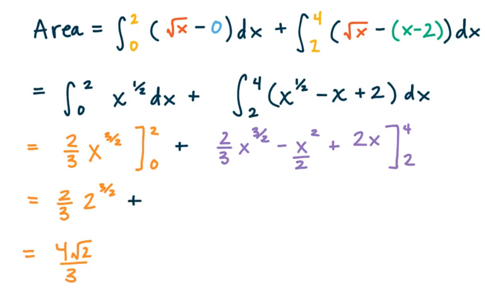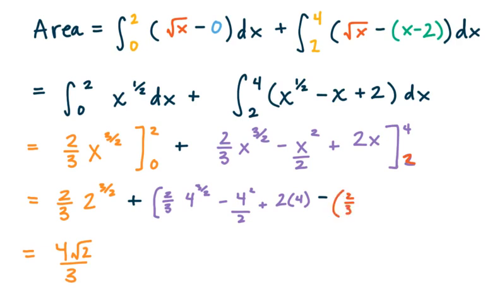So now we need to deal with this second integral. First, I'm going to plug in 4. So I have 2/3 times 4 to the 3/2 minus 4 squared over 2 plus 2 times 4. And we are going to subtract from that all of what we get when we plug in that second bound, 2.